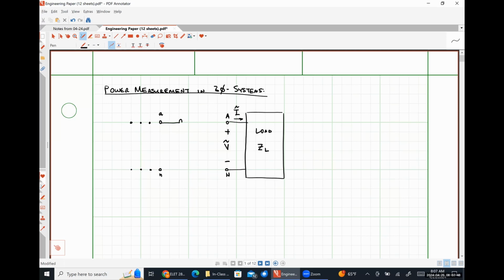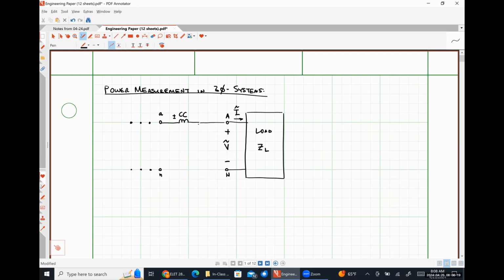I'm going to put one coil right here, and this plus or minus sign effectively is just telling us what polarity to connect to the source side of things. And I'm going to label this coil as CC. This stands for current coil, okay? So it's the coil that is sensing the current that's flowing into the load.